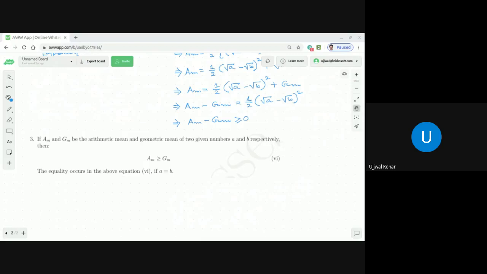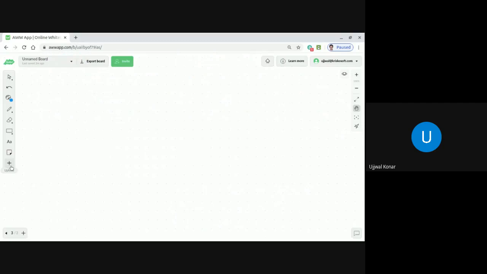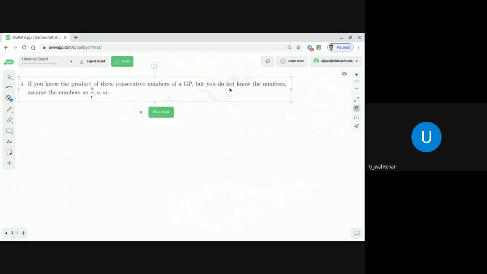If I ask you to choose three consecutive numbers of a GP, what are you going to do? You don't need to answer. If you do not know, that is perfectly fine because we are learning. I'm just informing. After that, you can answer the next one.